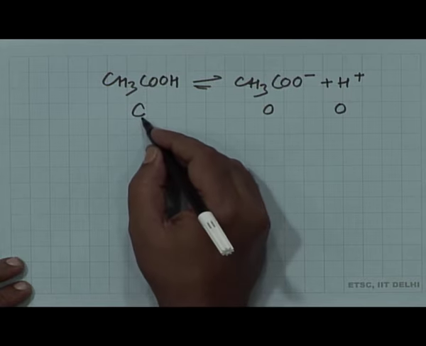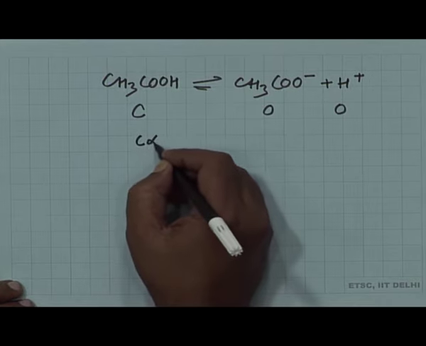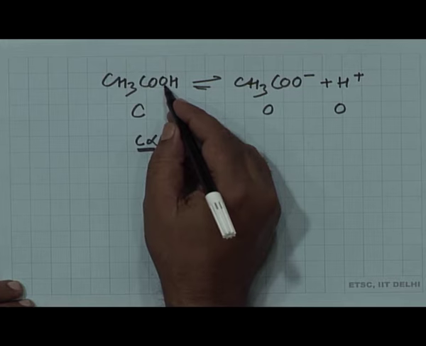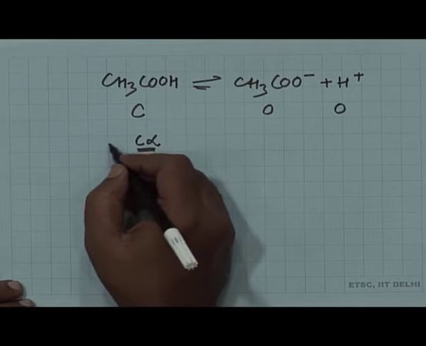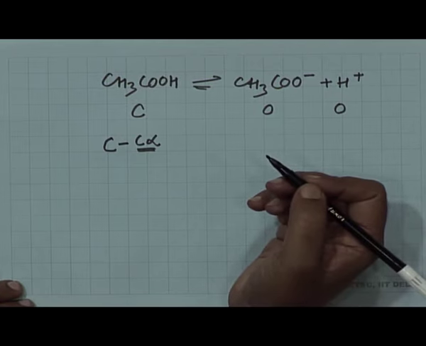So, if alpha is the number of moles per total mole of acetic acid, then C alpha is the used acetic acid. We can simply write the remaining acetic acid as C minus C alpha.